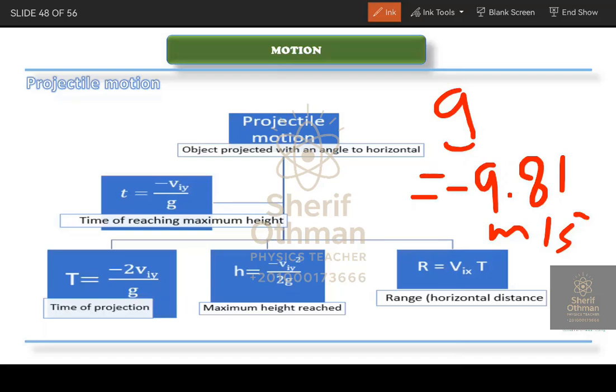T small equals negative Viy over G. T capital, which is the total time of projection, is equal to negative 2 Viy over G, which means the total time is double the time of reaching maximum height. The maximum height is negative Viy squared over 2G, and the range is Vix times T, as the range depends on the horizontal velocity.